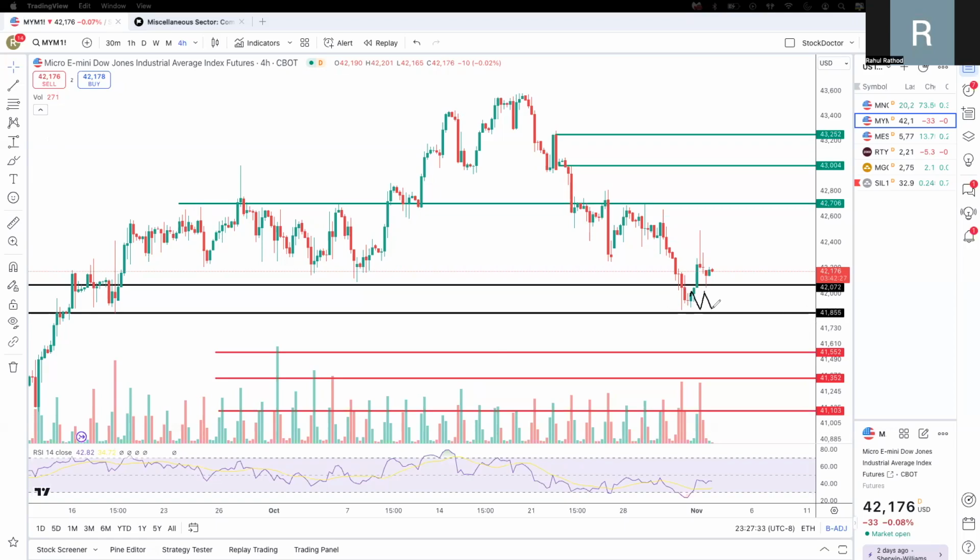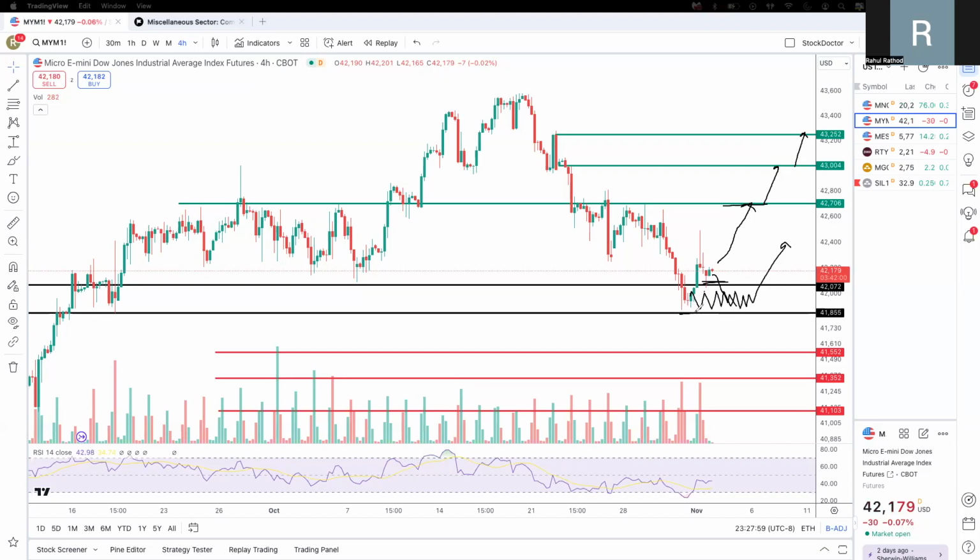There might be a possibility that Dow Jones can come into this area, stay here, and then show the upside. Or from here itself, it can go up to the levels of 42,700, 43,000, and 43,250. These are the three upside levels.